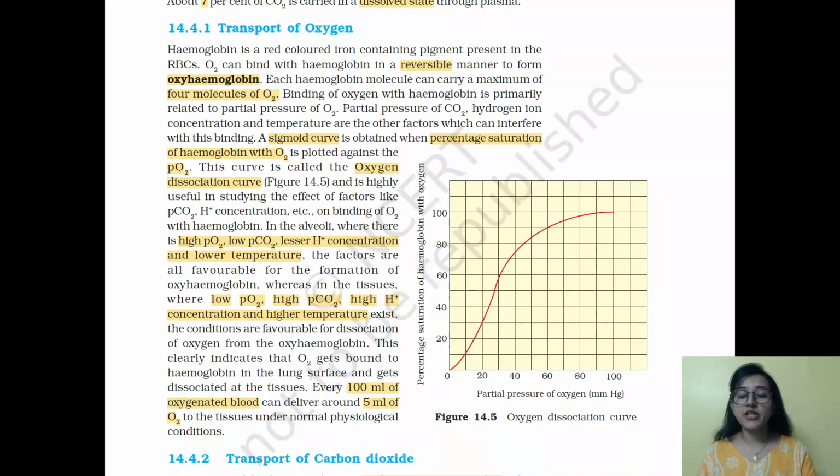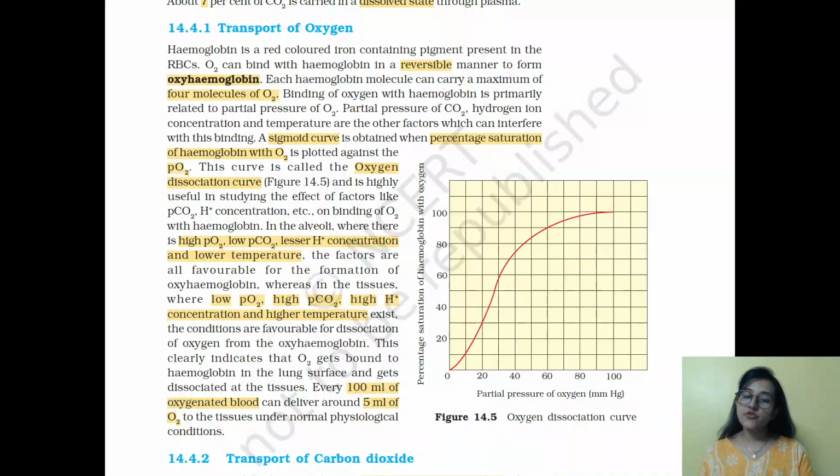In the figure 14.5, we can see the oxygen dissociation curve. On the x-axis, the partial pressure of oxygen in millimeter mercury is plotted, and on the y-axis, percentage saturation of hemoglobin with oxygen is plotted. We can see initially it increases with the increase of partial pressure of oxygen.